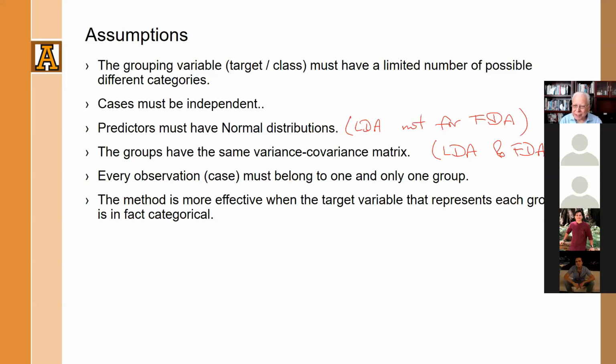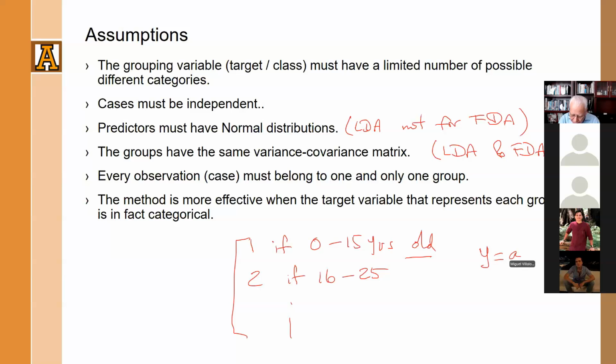I can artificially generate a variable that is 1 if the person is between 0 and 15 years old, and 2 if between 16 and 25, and so on. So I'm creating categories based on a continuous variable. If I don't have the actual values for the age, then it's better to use age as a response and use a regression model to predict.